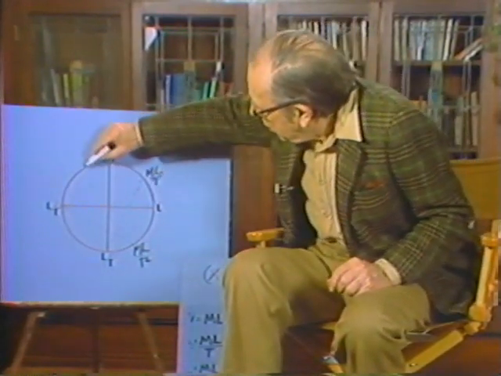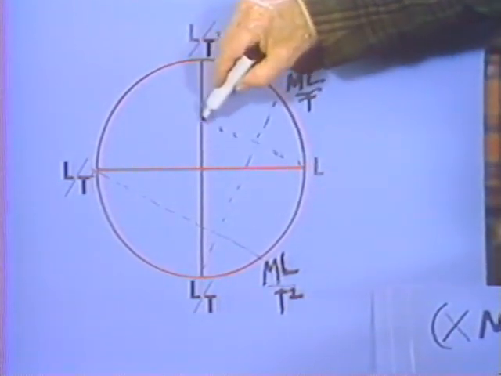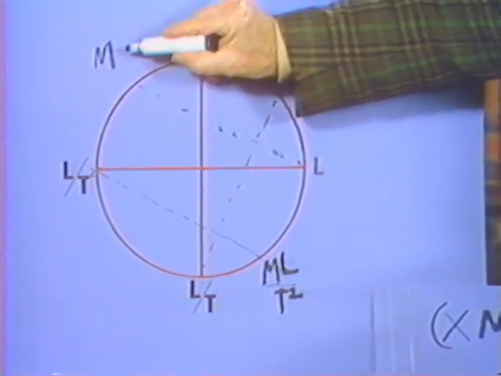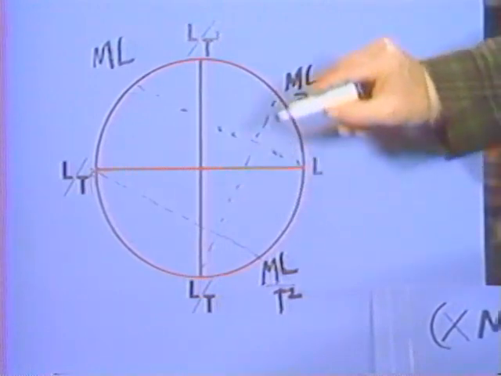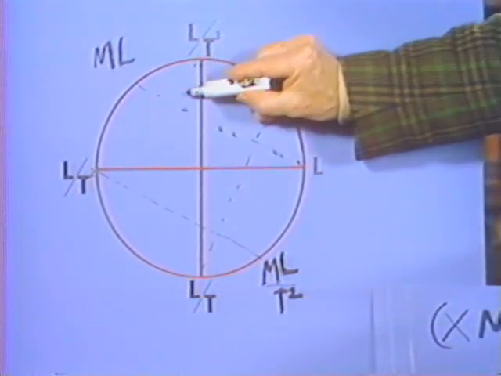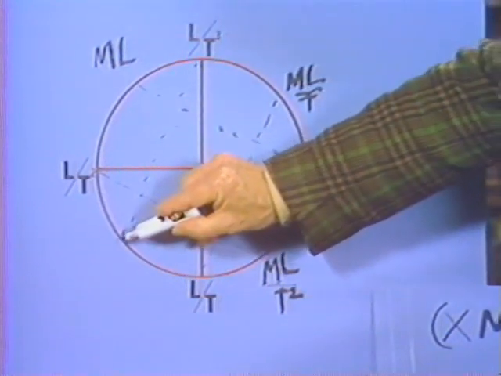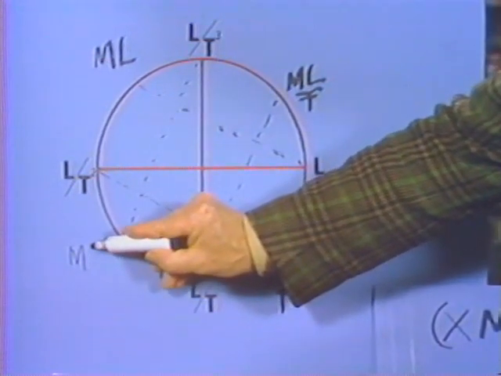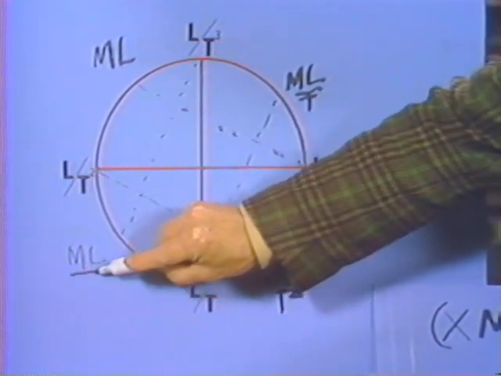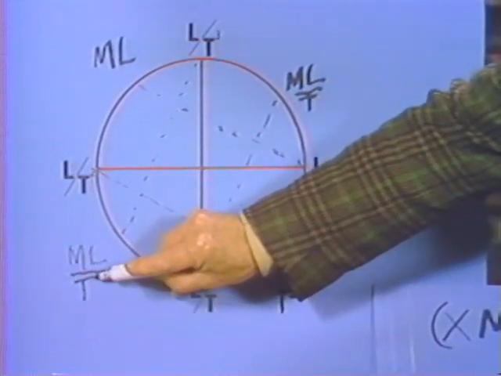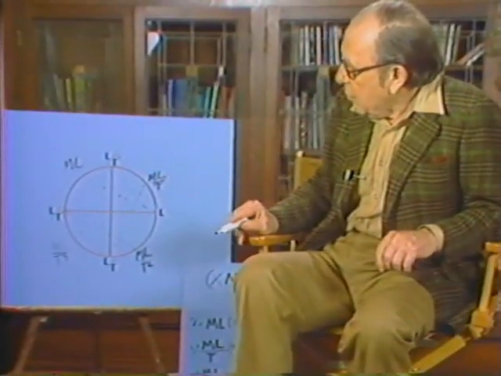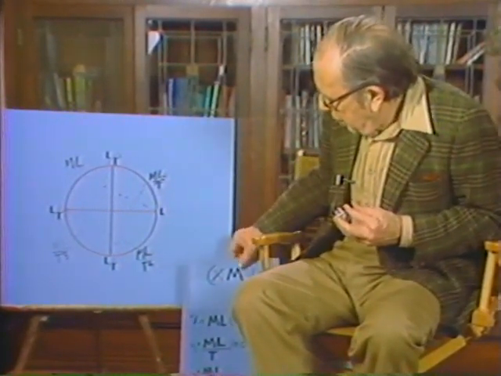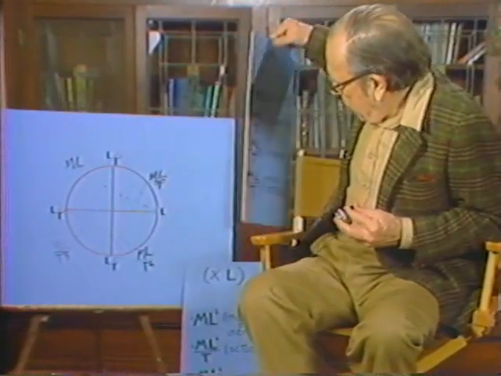Same one here, m L. And the same here, m. They all have mL, see, but this one is divided by t cubed. I've added the second set, so I'll put that away.